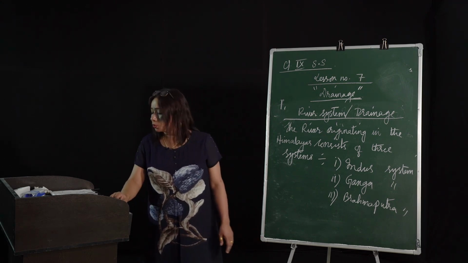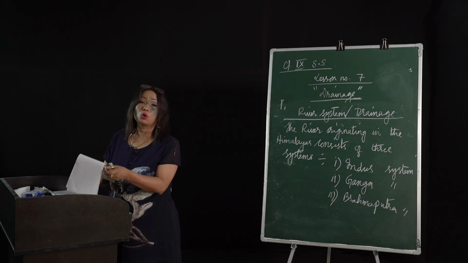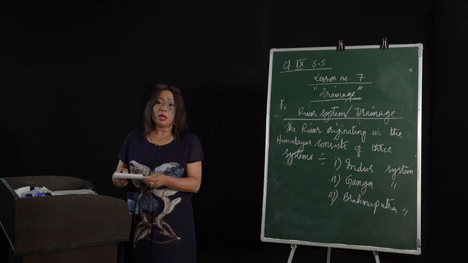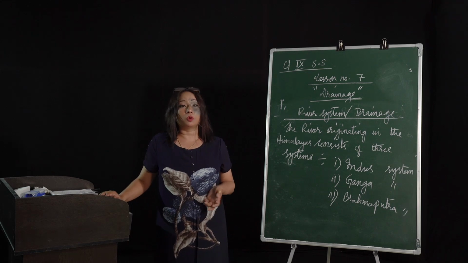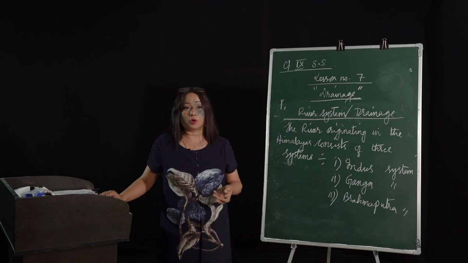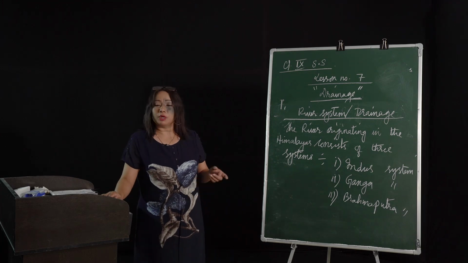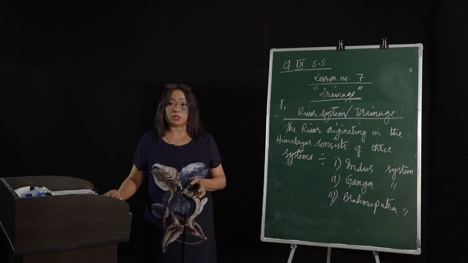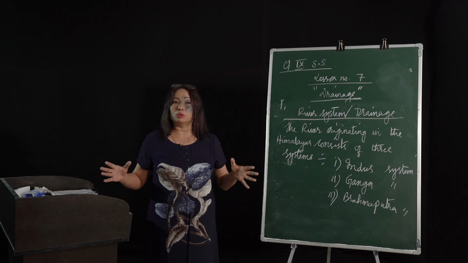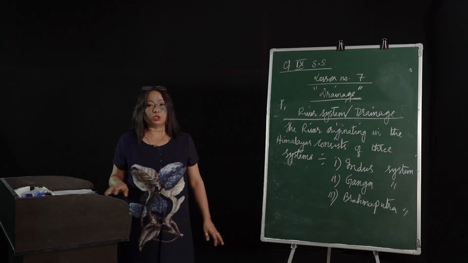Then we also discussed the erosional activities in the higher level of the upstream, and the depositional features that are formed, like meanders, oxbow lakes and levees. A meander is the curve or the bend, an oxbow lake is the crescent shaped lake that is formed when the meander is cut off, and a levee is an embankment formed by a collection of a mound of rock and earth. We did that, and today we will be continuing with them.